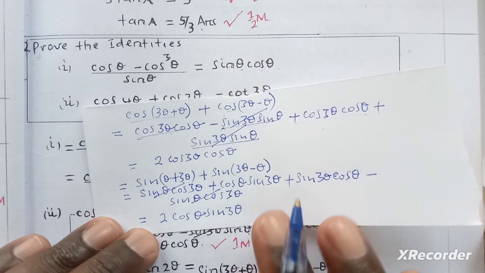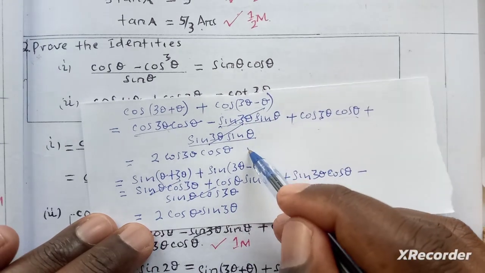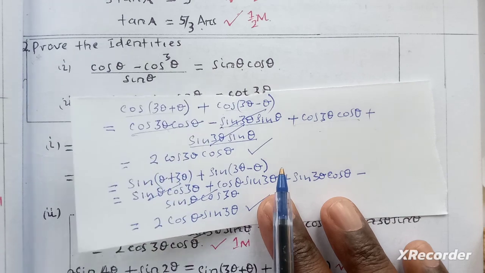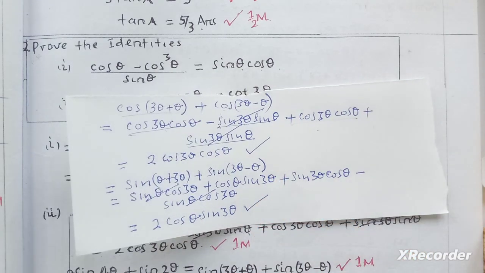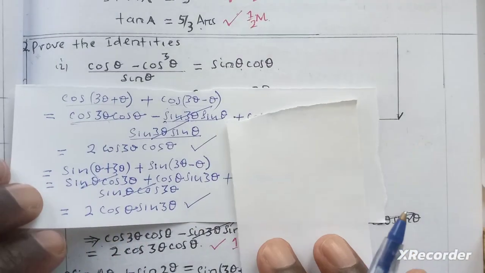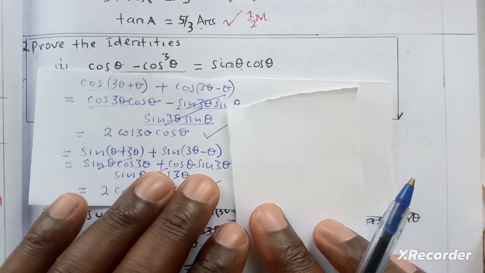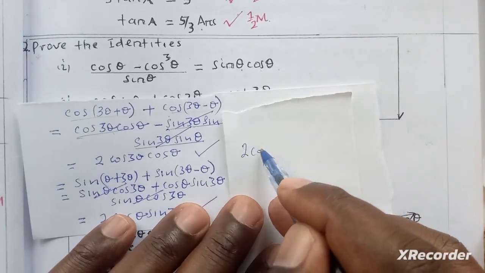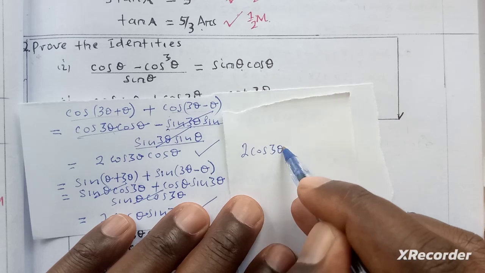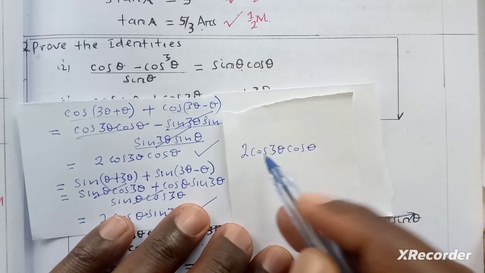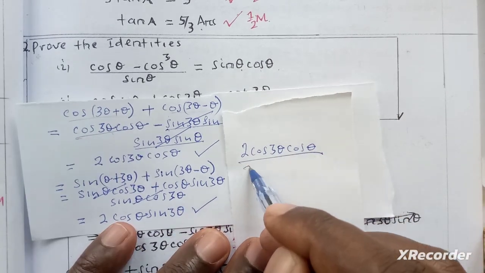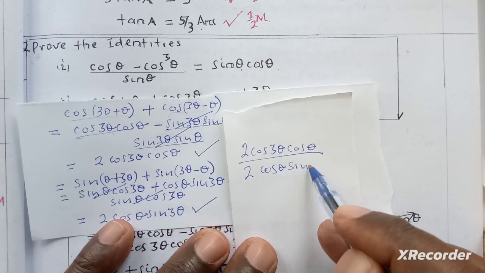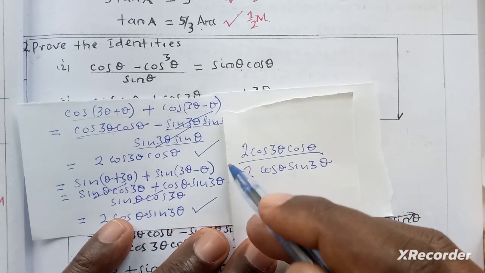So we have the numerator and the denominator. So we write those and see what we shall get here. We write the numerator is 2 cos 3 theta cos theta all over 2 cos theta sine 3 theta. So you cancel that.